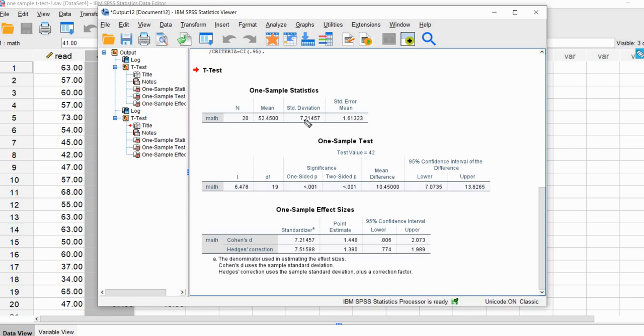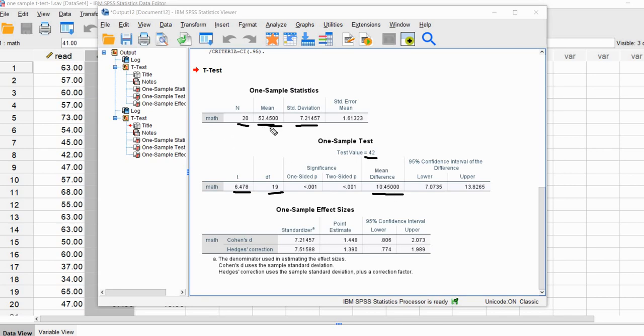Now with our output, we can see that the mean on math scores is 52.45. There's our standard deviation of 7.21, and here's our sample size. When we look at our t-value, you can see it's 6.478. Degrees of freedom is 19. And you'll also see right here we have our mean difference, which, again, is computed by taking our sample mean and subtracting this hypothetical value of 42.